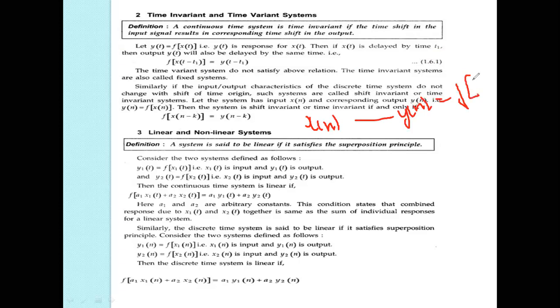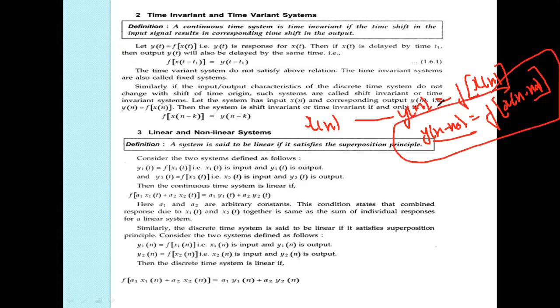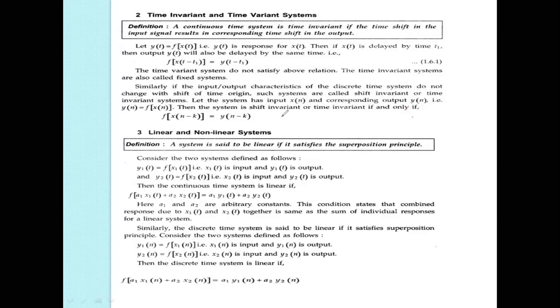The system satisfies f of x of n minus n naught equals y of n minus n naught. If the input is delayed and the output is also delayed, we call it a time invariant system; which does not satisfy this condition, we call a time variant system. Got it, my students?